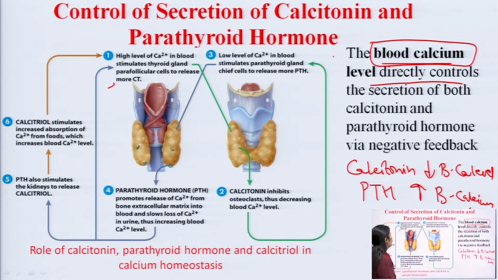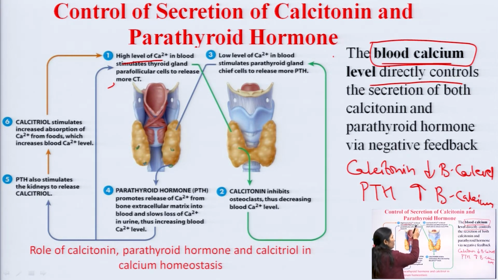Whenever there is an increase in the level of calcium in the blood, it will stimulate the parafollicular cells of the thyroid gland. Parafollicular cells of the thyroid gland get stimulated when there is a high level of calcium.